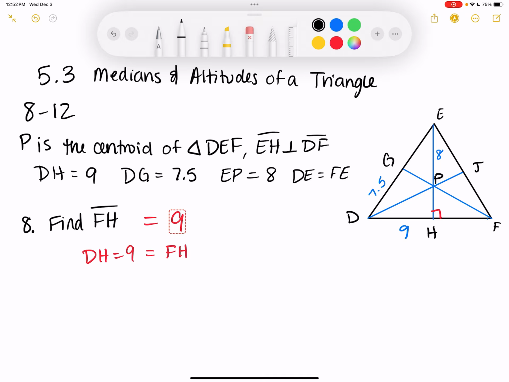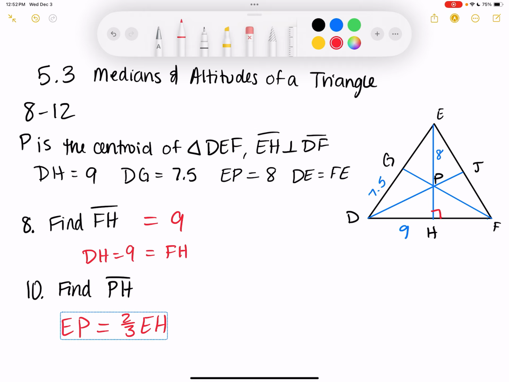10. Find PH. So PH is this value right here. So based on the theorem, what was it, 5.7? Yeah, the concurrency of medians of our triangle, that would tell us that EP is equal to 2/3 of EH.